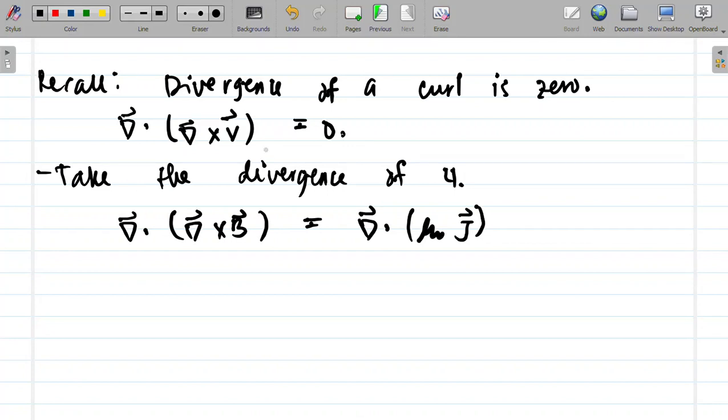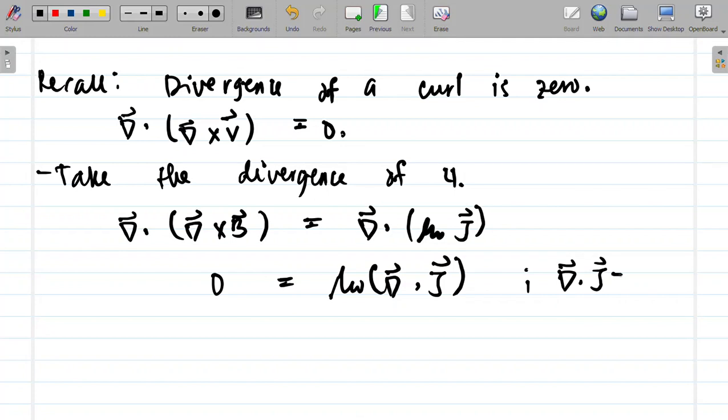But class, the divergence of a curl is always 0. So 0 equals mu naught del dot J. Mu naught is just a constant, so I can take it out. But class, del dot J is given by the continuity equation, negative partial rho partial t.